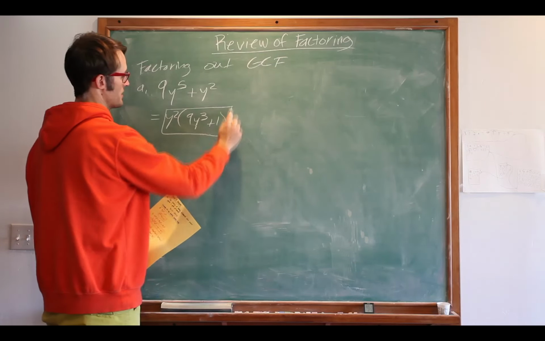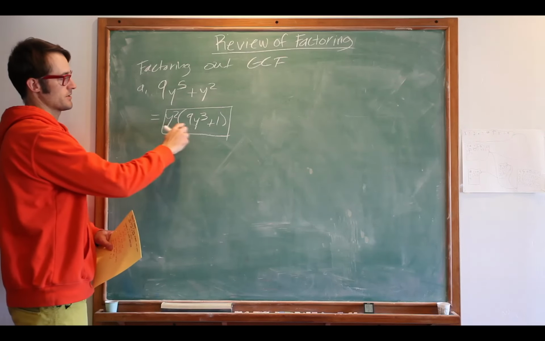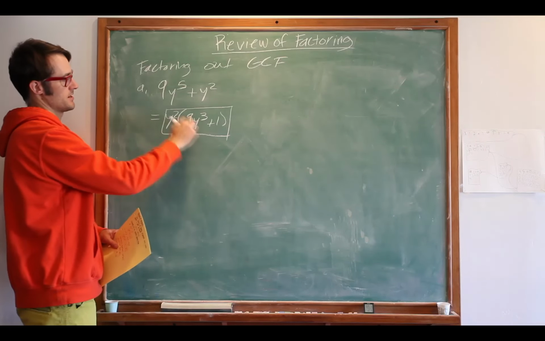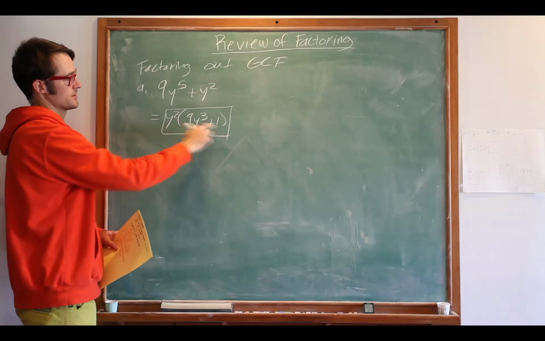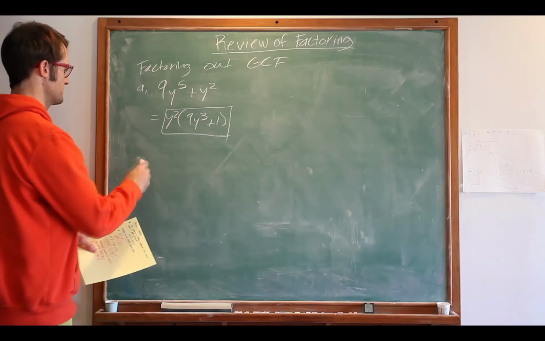So if we remember our exponent rules from the last time, y squared times 9y cubed is 9y to the 5th, and y squared times 1 is y squared, so that works. Alright, next example.